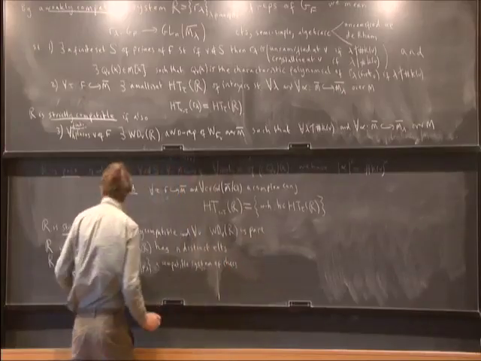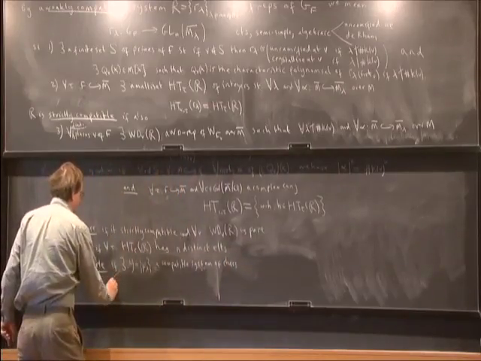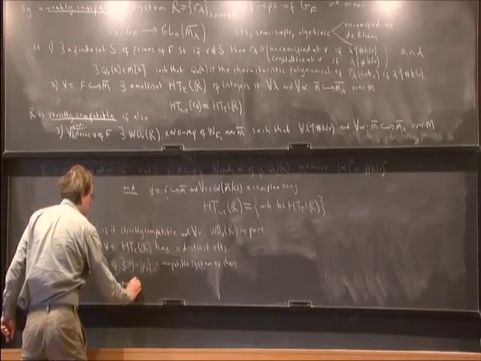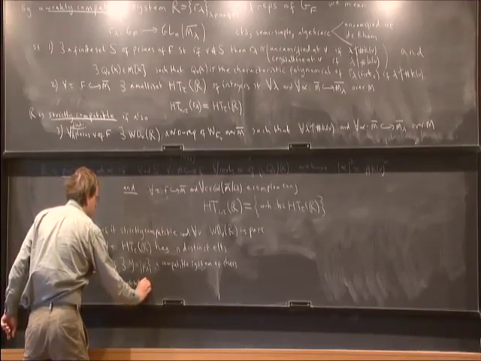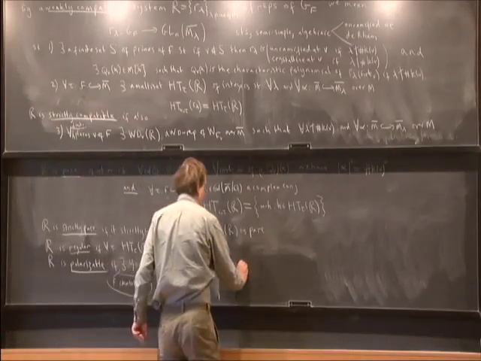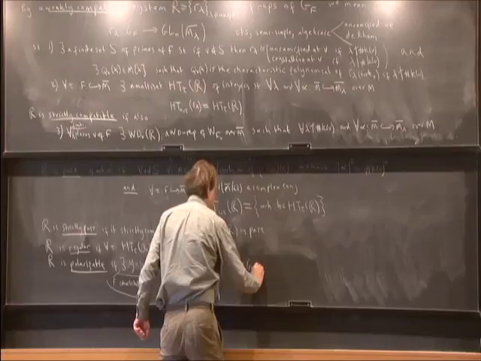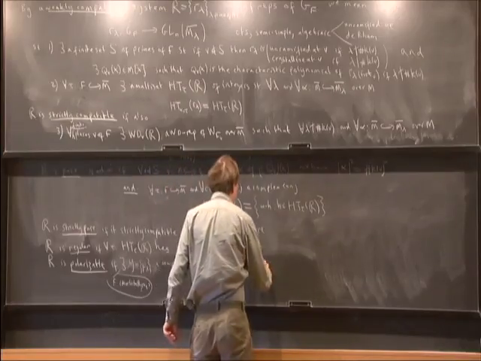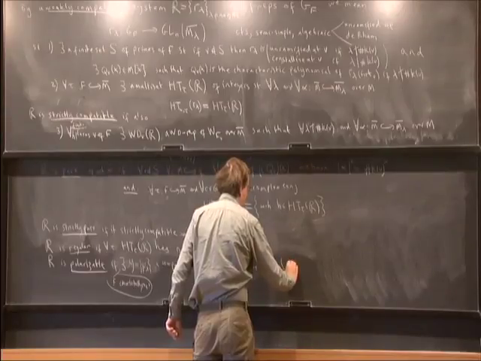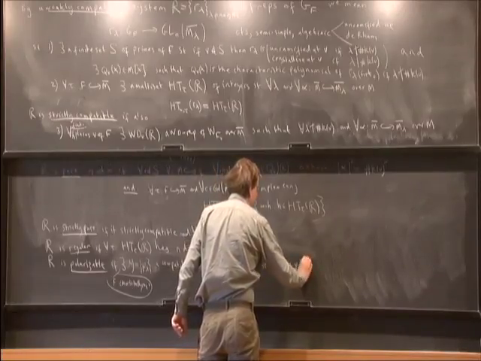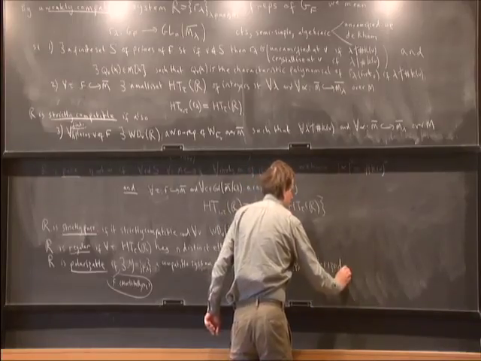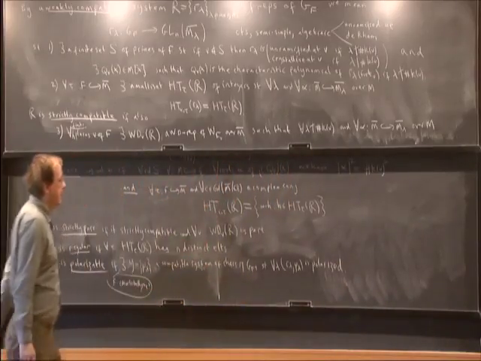So I guess in this case I need F CM or totally real, and then a compatible system of characters of the Galois group of the maximal totally real subfield, such that for all lambda, the pair R lambda, mu lambda is polarized in the sense I gave a few weeks ago.